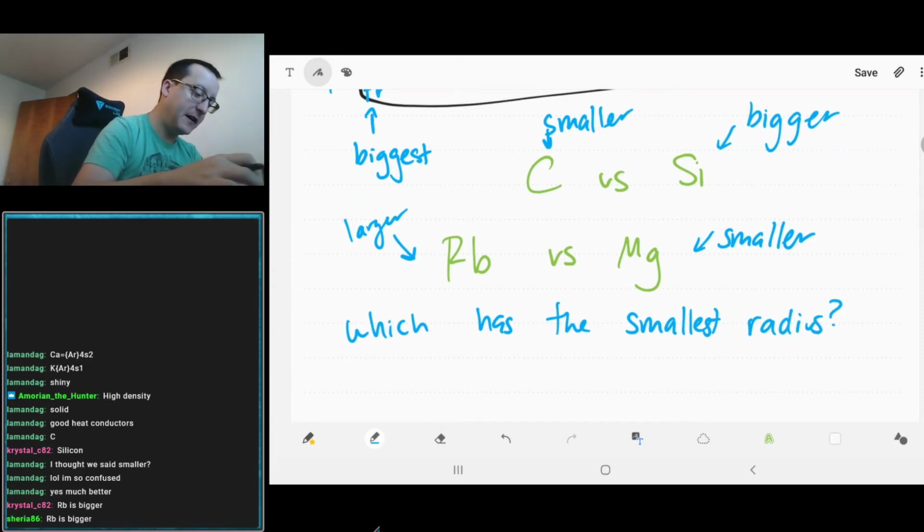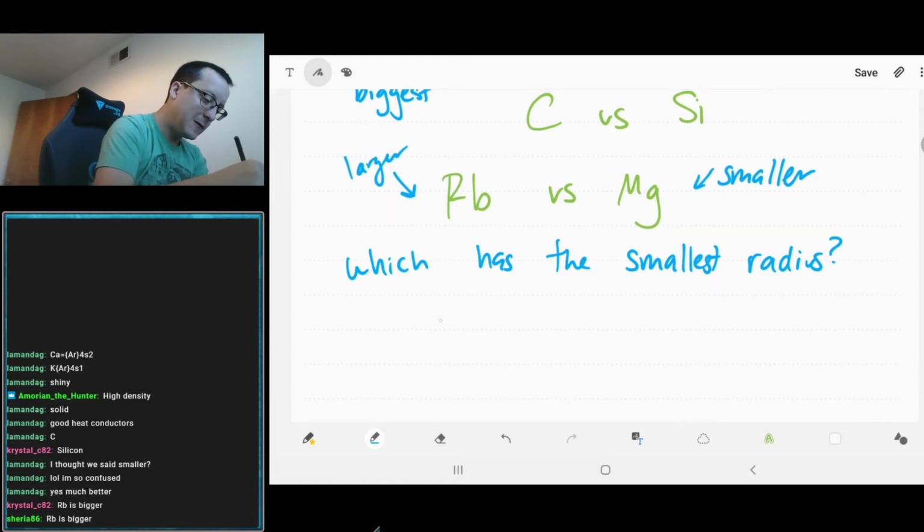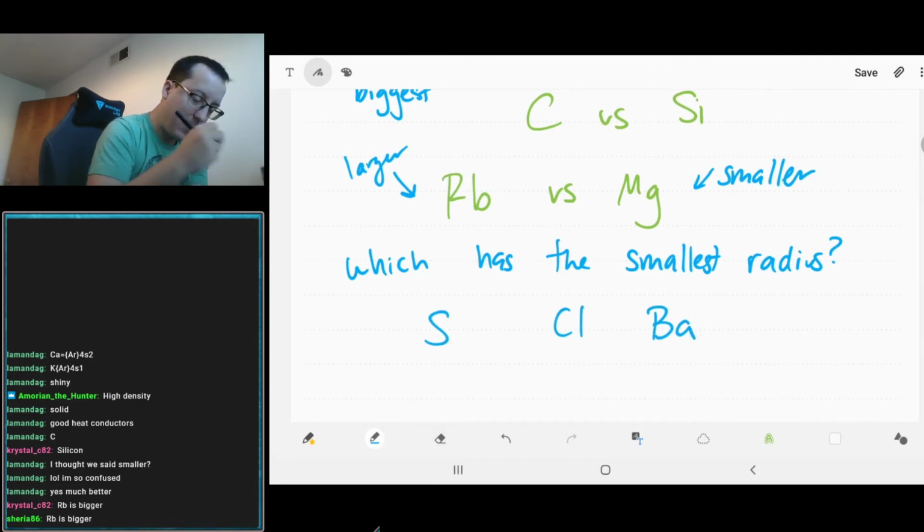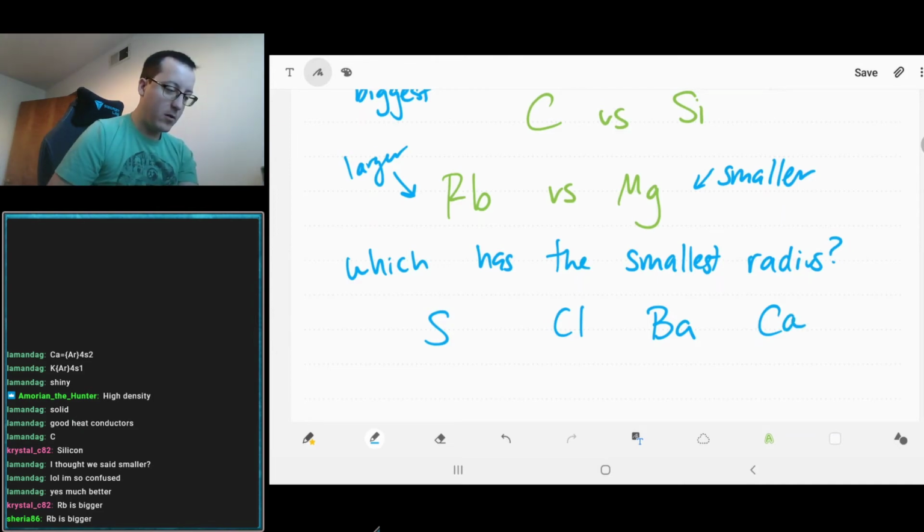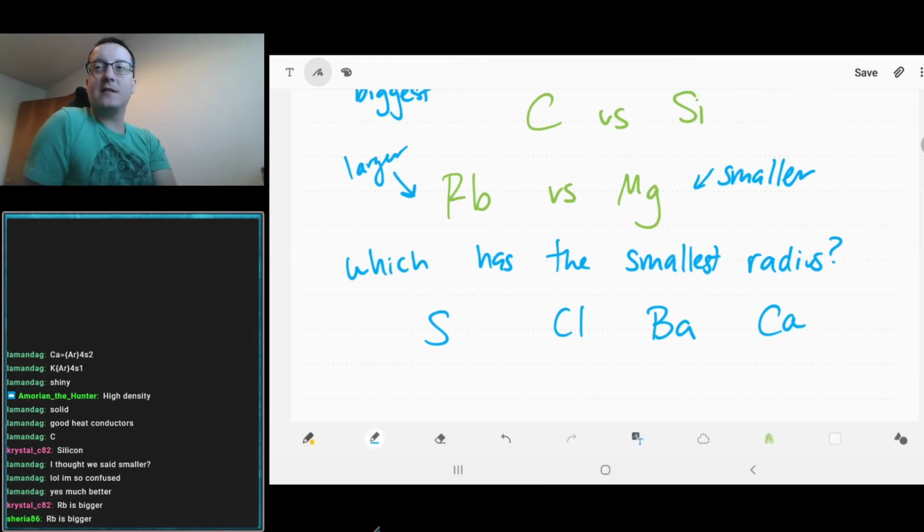Okay, so of these four elements, which one has the smallest radius?